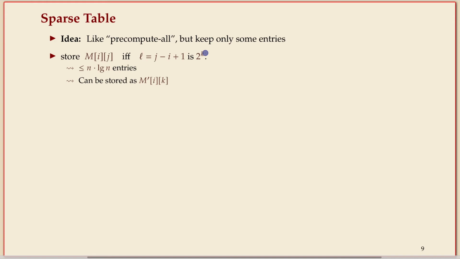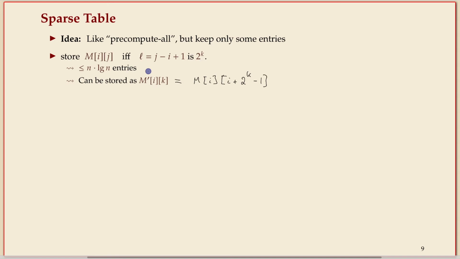Okay? So it's just this translation. I mean, this would contain the same entry as M of i, j, and then j is i plus 2 to the k minus 1, because we want the length to be exactly 2 to the k.